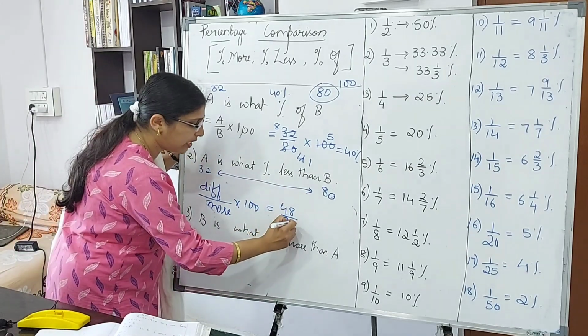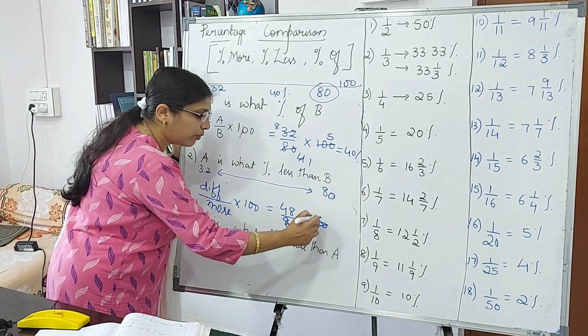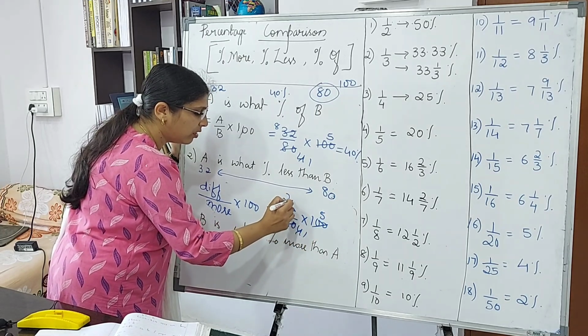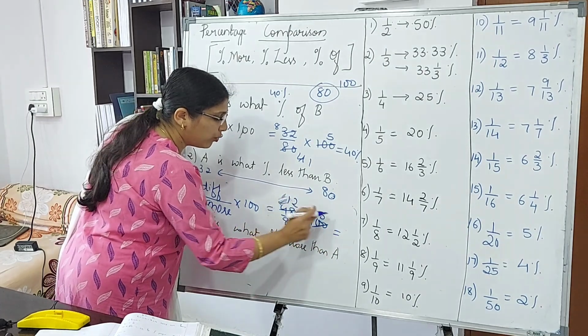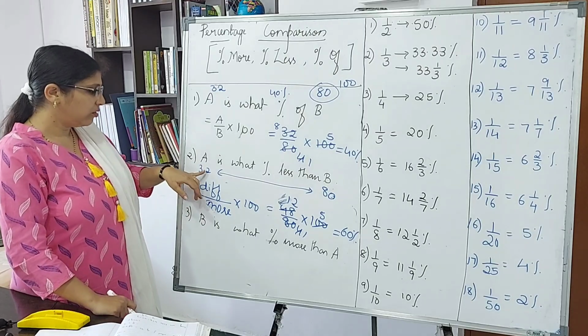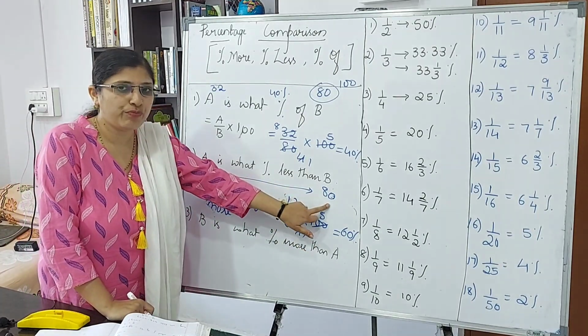So 48 by 80 into 100, so 12 fives are 60. Isn't it? 60% we got. So 32 is 60% less than 80.